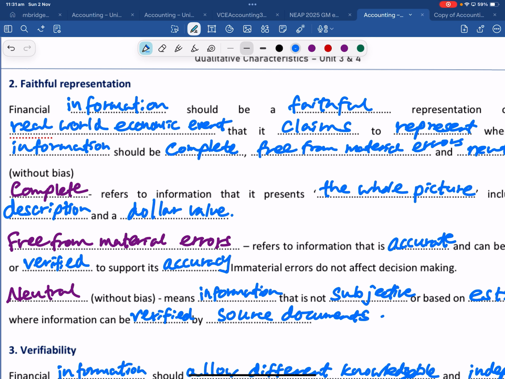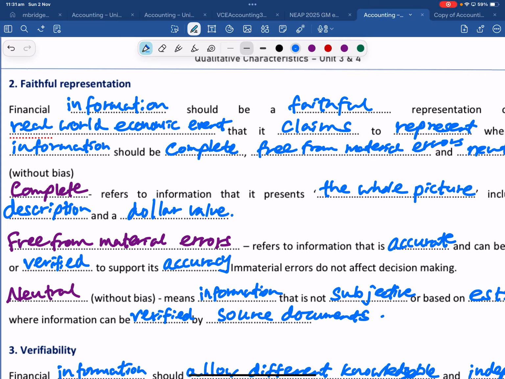Now in this definition, guys, there are 4 parts. What are the 4 parts? The first one, sorry, is not complete. The first part is real world economic event. What do you mean by real world economic event, guys?